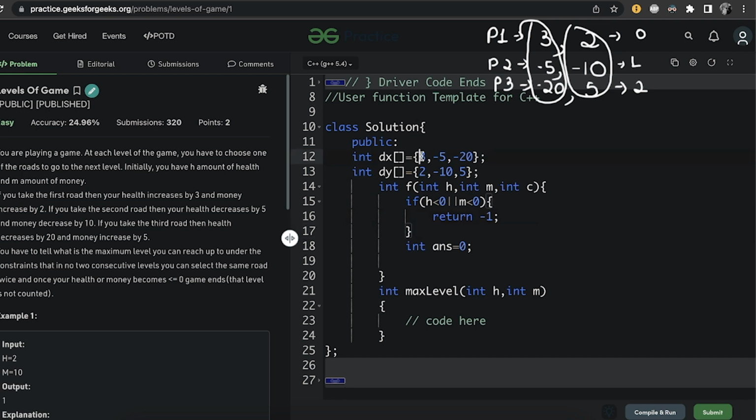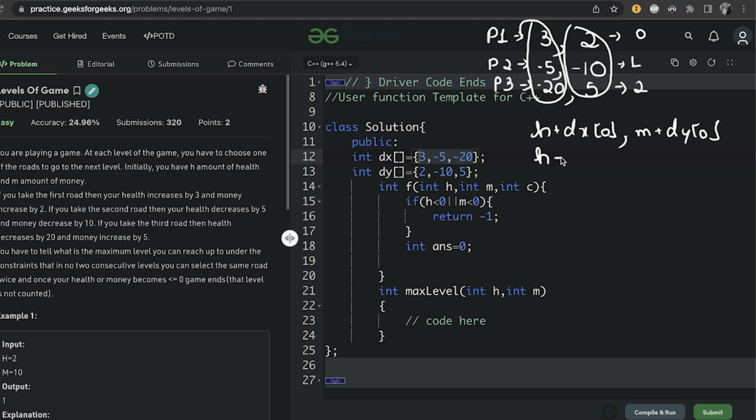Okay, so if you observe that if I add a value h plus dx of 0 and m plus dy of 0, which would be nothing but dx of 0 is 3, and m plus dy of 0 is equals to 2. This is how we would traverse the first path. Now suppose we want to have the second path.